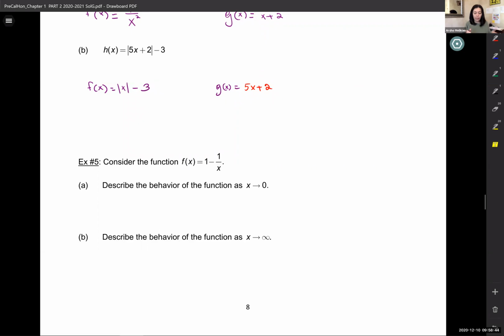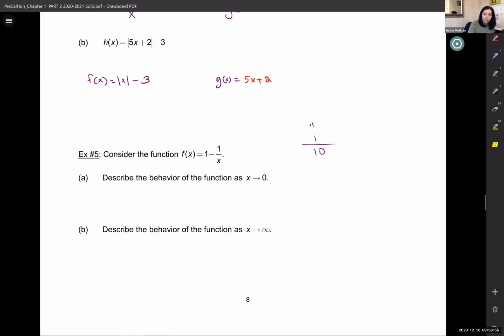Before we tackle this one, I just want to go back and talk about fractions for a minute. If you have, let's say, 1/10, that's 0.10, or 0.1. Now, if I make this denominator smaller, so I have now 1/5, how much is that?